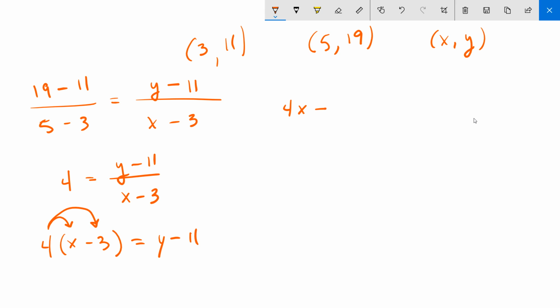It should be negative 12. Negative 12. y minus 11. What's my last step? Add 11. So now I have y by itself. And we have y is equal to 4x minus 1. Is that okay?